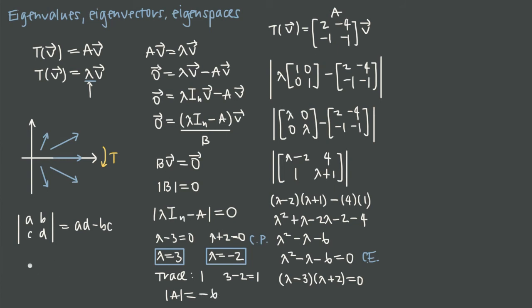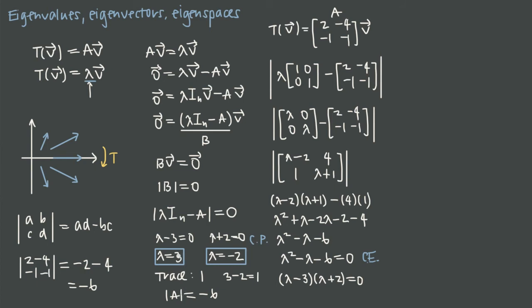What we should get for the determinant of A, so we'll say the determinant of 2, negative 4, negative 1, negative 1, is equal to 2 times a negative 1 is a negative 2, minus negative 4 times a negative 1 is a positive 4. Negative 2 minus 4 is a negative 6, and that checks out. So the eigenvalues are always related to those two values of the matrix, the trace and the determinant.